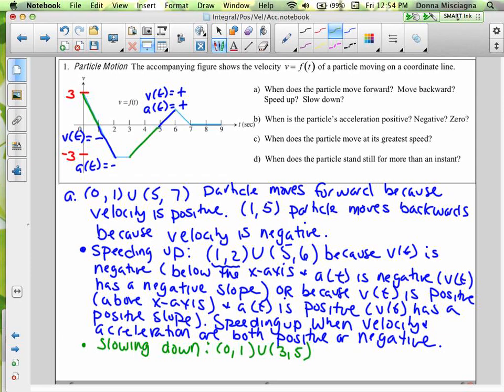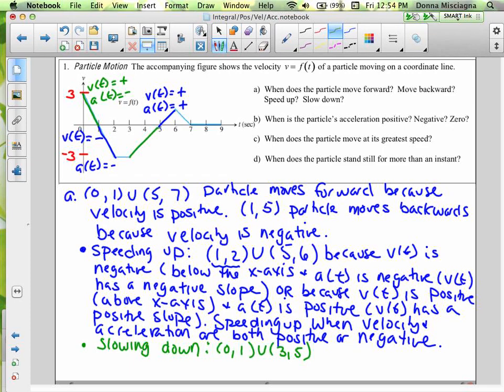From 0 to 1 here, your v of t is positive, but a of t is negative, because the velocity has a negative slope. I don't think I'm going to write quite as much detail in the slowing down part because it just follows along. It's the same reasoning about why the velocity is negative or positive, so I'm not going to add that twice since we already put it with speeding up. But we are going to explain why it is slowing down and the difference between the signs of those two.